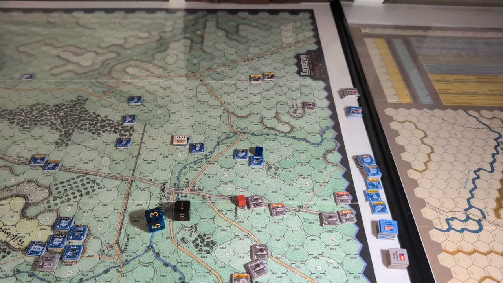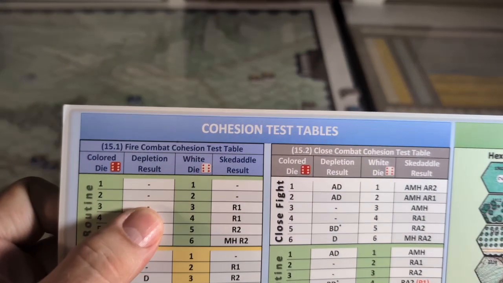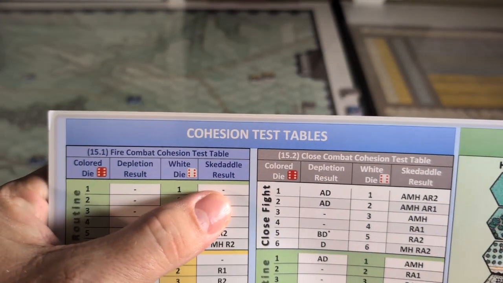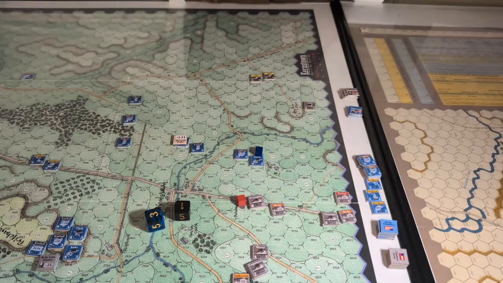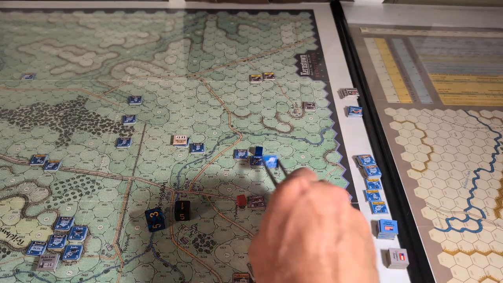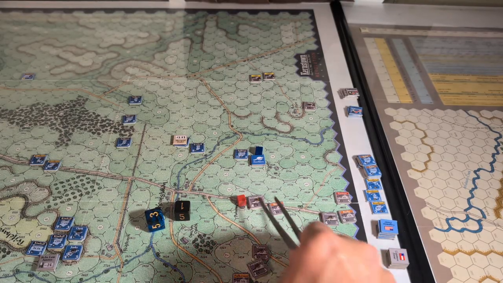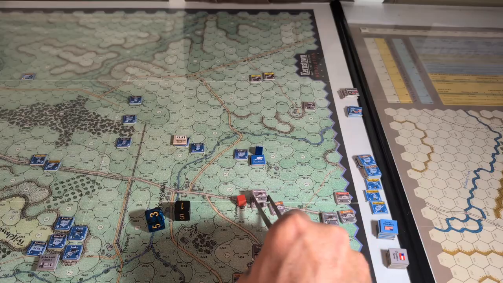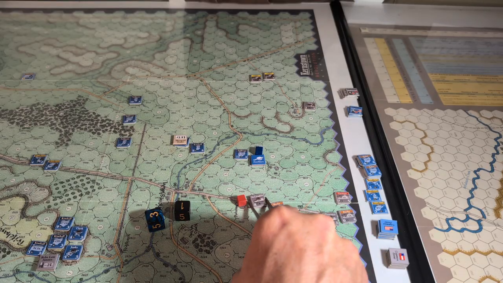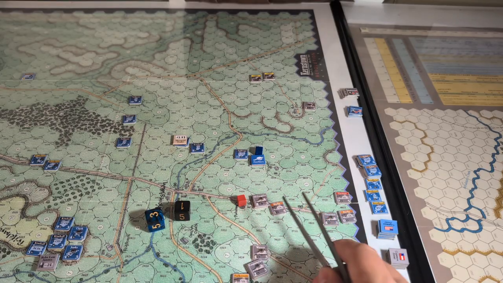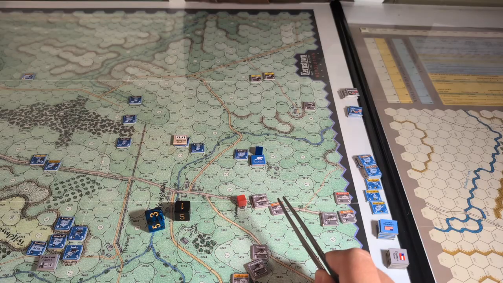And we have a 31, so that's going to be no effect. We look here, 3 here, 1 over here, so no effect. All right, so we put a fired marker there. And so we can actually fire back on that unit.